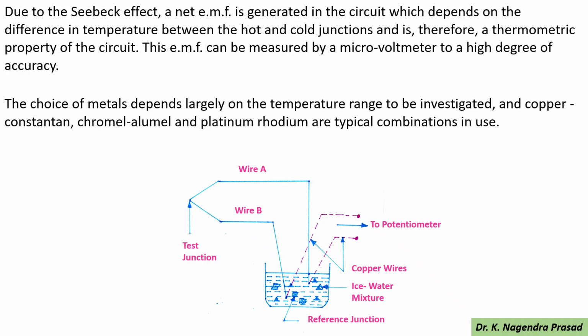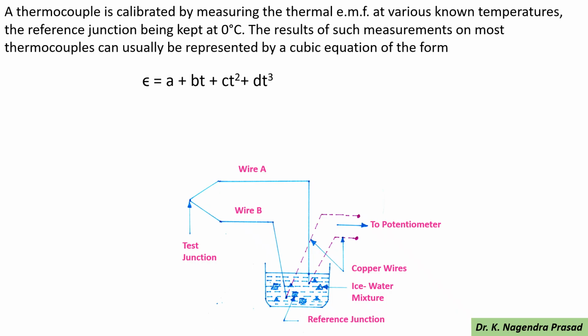The choice of the metals depends largely on the temperature range to be investigated. In general, copper-constantan, chromium-aluminum and platinum-rhodium are typical combinations used. A thermocouple is calibrated by measuring the thermal EMF at various known temperatures, and the reference junction should be kept at 0 degrees centigrade.